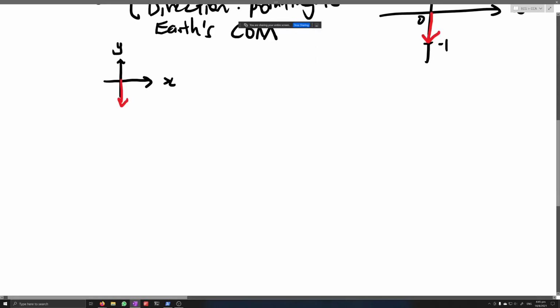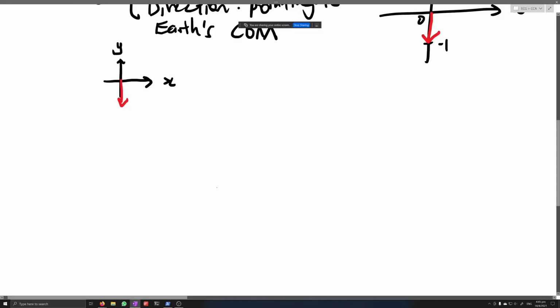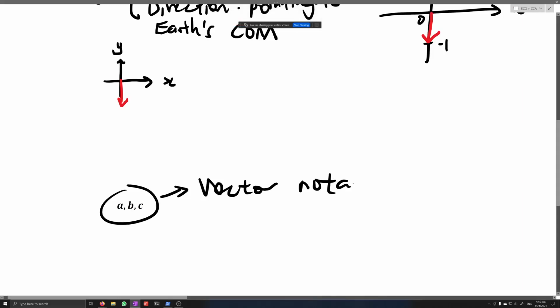Now, if we want to represent a vector quantity, like in questions that you will see later on in August to September, they will represent it as letters like A, B, C, and usually these things will be bold. So actually the correct way would be, for example, for me to do something like this. This is how you will see it in questions. Vector notation in print.